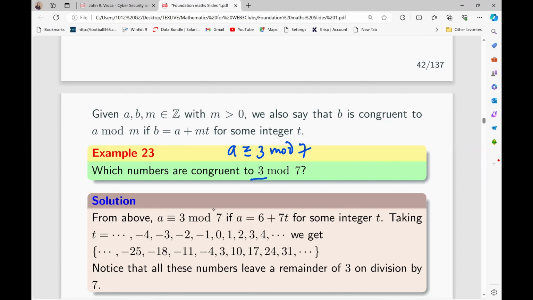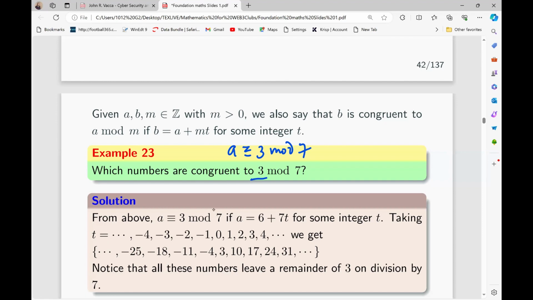If I subtract 3 from them, the result that I get will be divisible by 7.